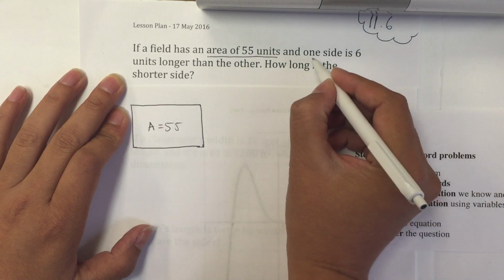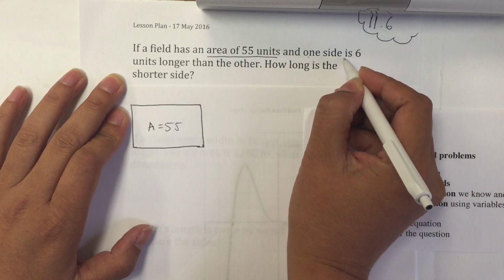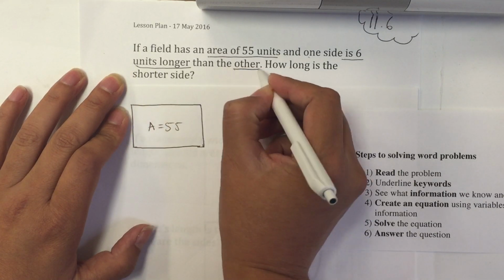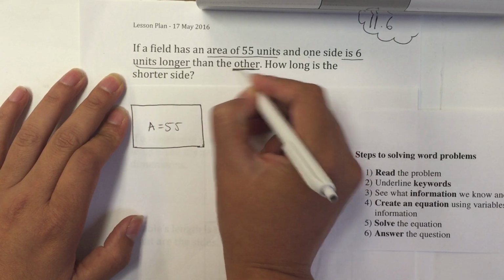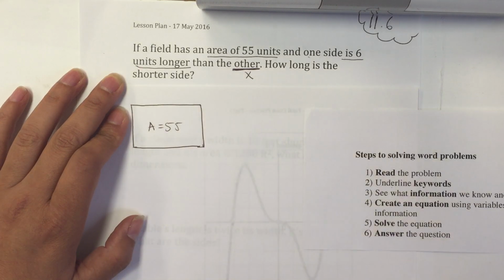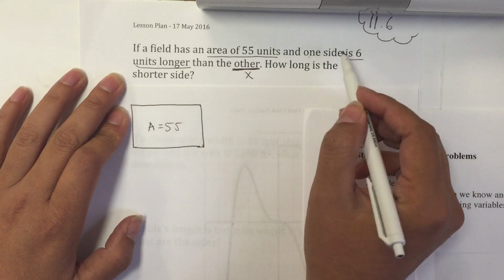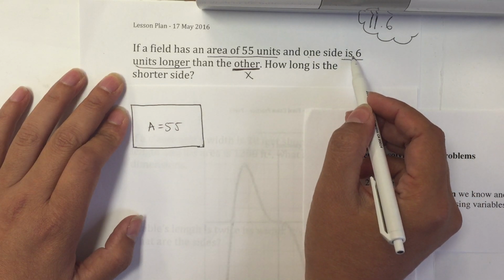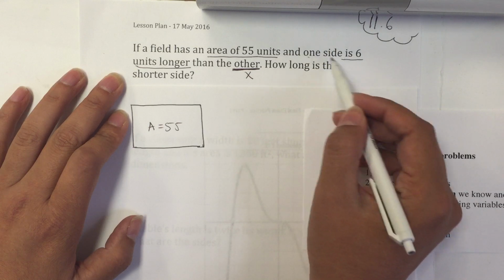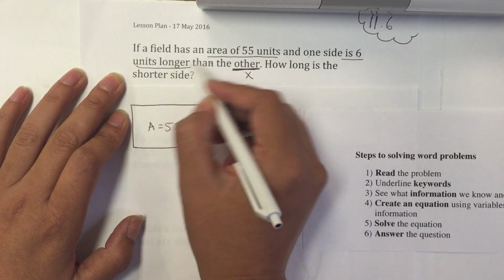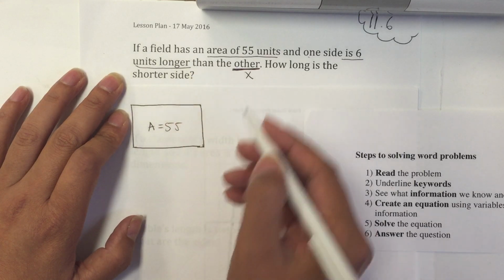Then one side is 6 units longer than the other. So we're comparing it with the other one, which is going to be your x. Usually what you compare it with, that's your x. And how does it compare? One of the sides is 6 longer than. Longer than is more like more than, right?